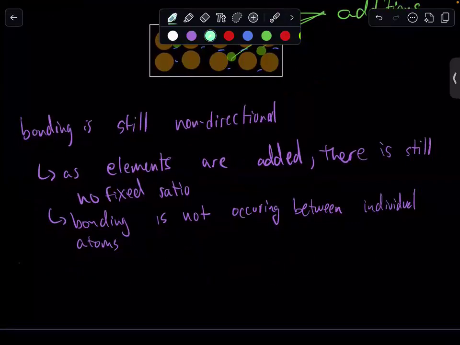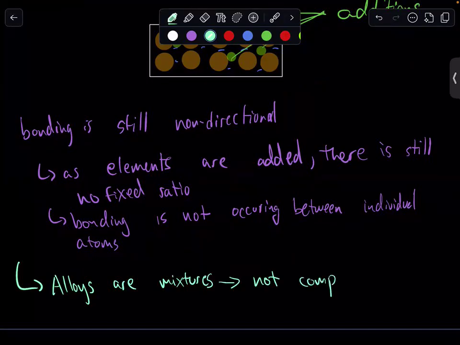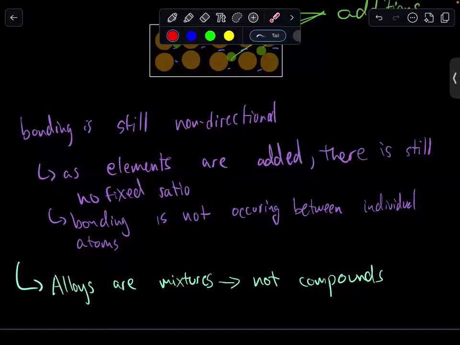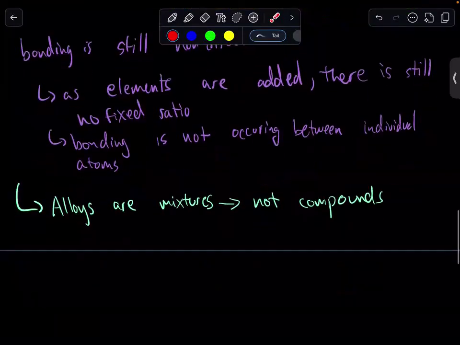This is why we specifically say that alloys are mixtures. Not compounds, because once again, we're not having that bonding between the individual atoms. We're bonding or kind of interfering with the lattice.